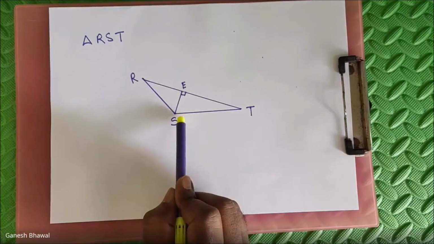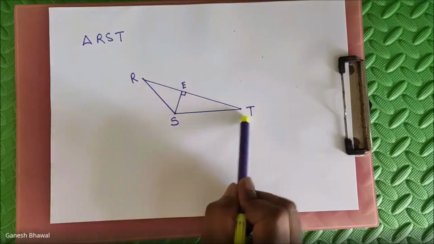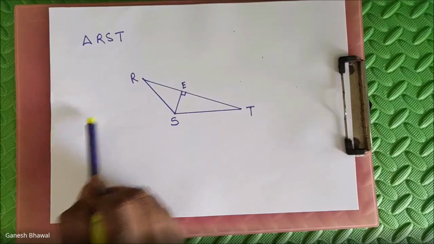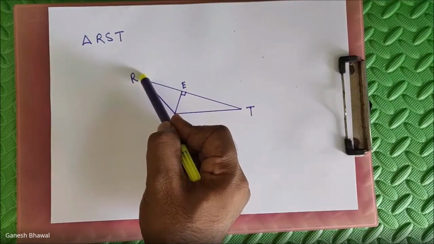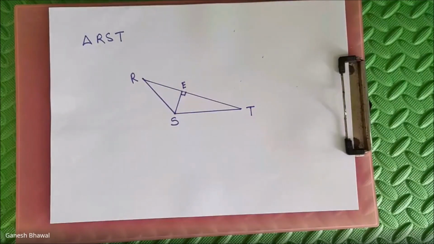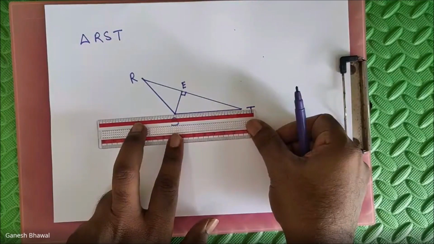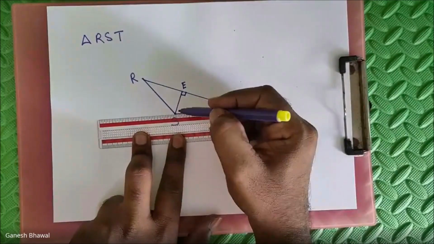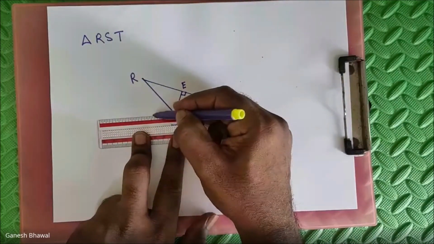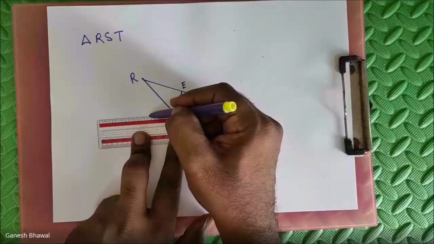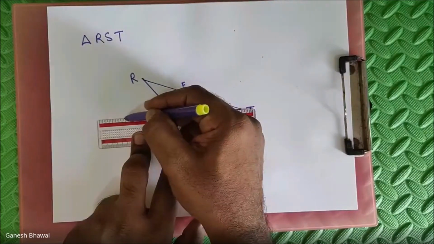We have to extend side ST towards the left side, where vertex R is. So see how I am doing it. Take a scale and extend your side ST in this way.